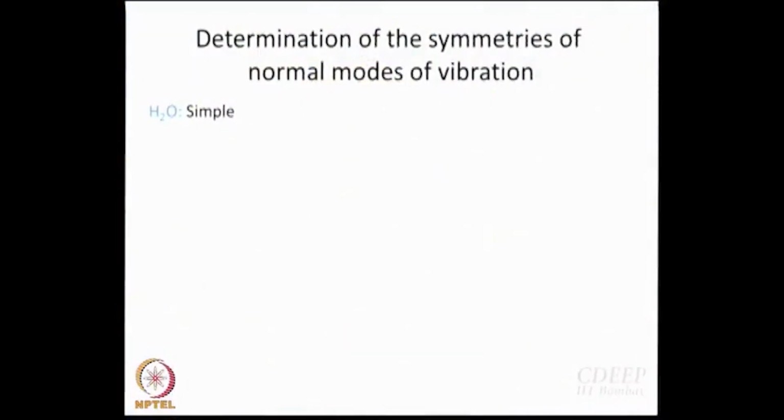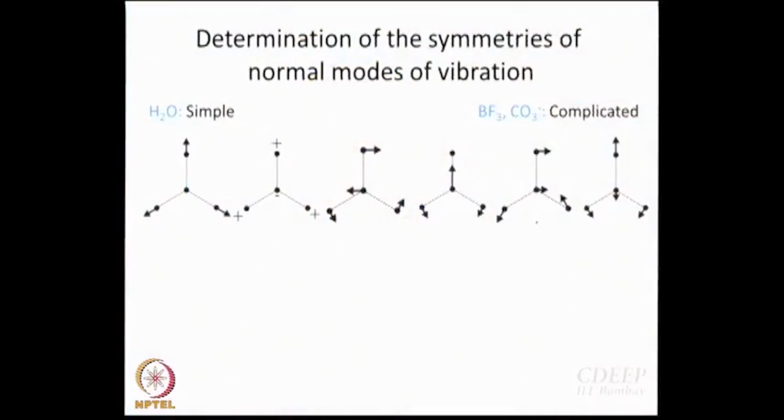Now, I think you will agree with me if I say that we can do it fairly easily, right. We did it quite simply, in a matter of few minutes just before mid-sem. So, water, it was simple. However, how many atoms are there in water? 3.